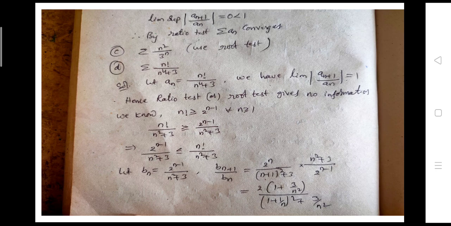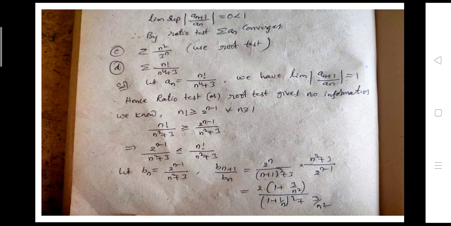Let a_n is equal to n factorial by n^4 plus 3. We have limit |a_(n+1) by a_n| is equal to 1. Hence ratio test or root test, it gives no information. That means we know the n factorial is greater than or equal to 2^(n-1) for every n greater than or equal to 1.